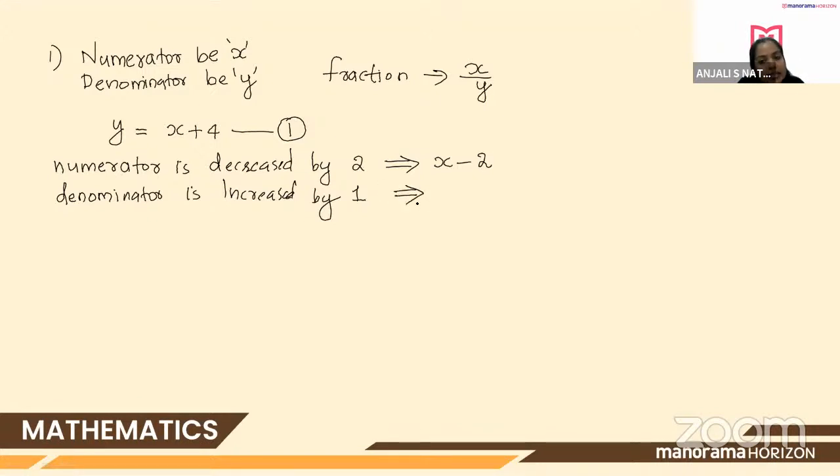That is, first is x minus 2 and second one is y plus 1.